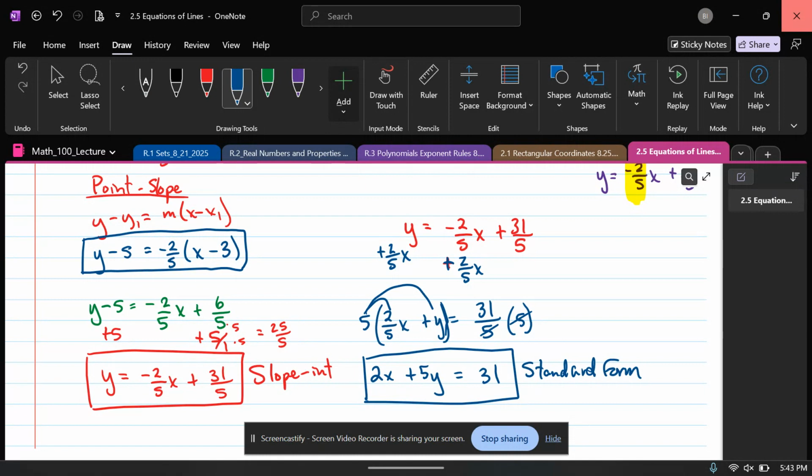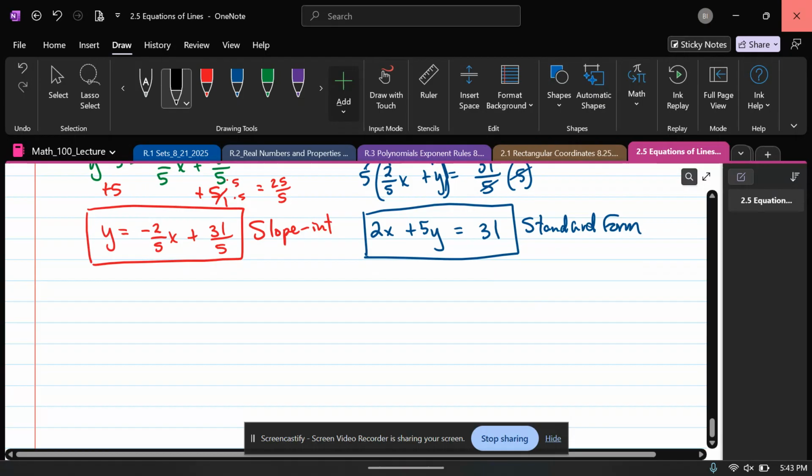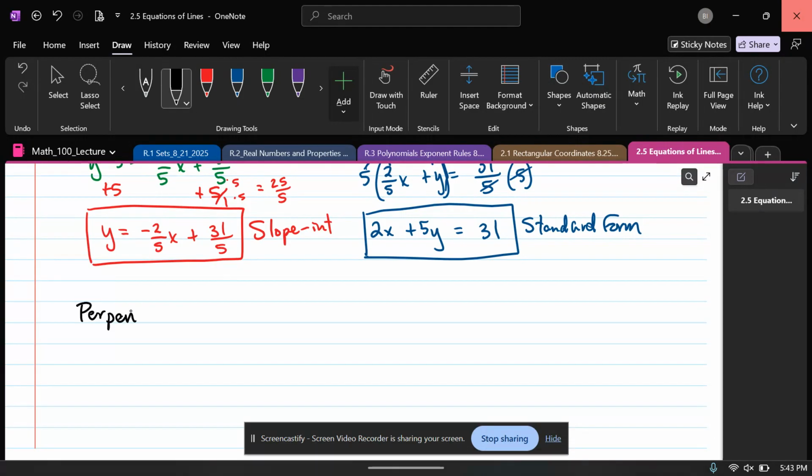All right, so we did parallel lines. Perpendicular lines. What do we know about perpendicular lines? They intersect in a special way, though.